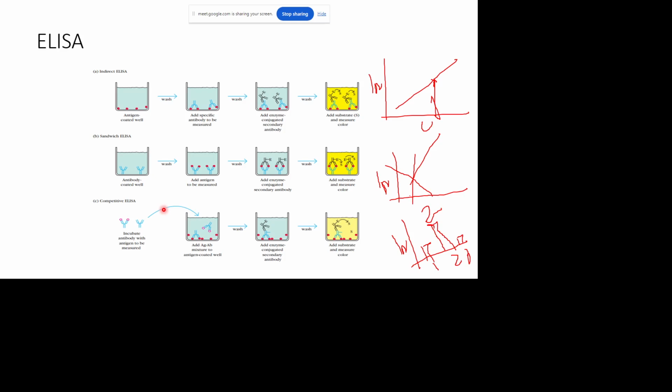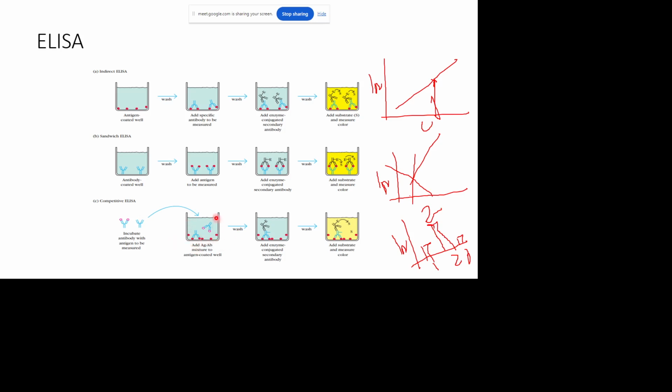So the next is competitive ELISA, where you will incubate the antibody with the antigen to be measured. So this is your antibody, and you will add the antigen whose concentration has to be measured, right? So now we will mix this and add this mixture to the well, right?